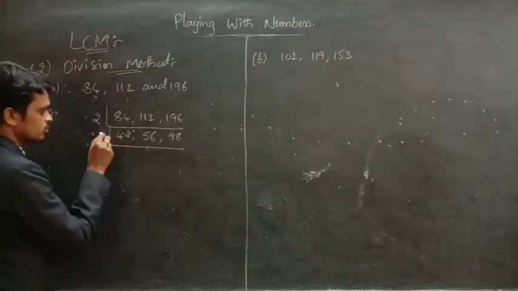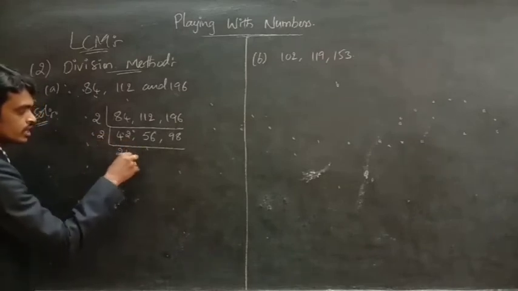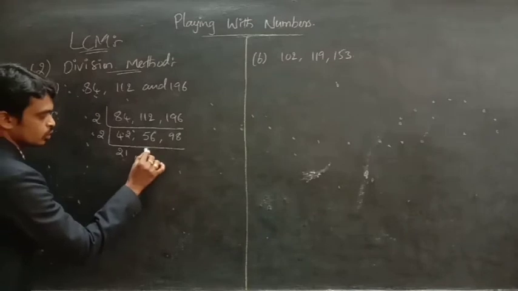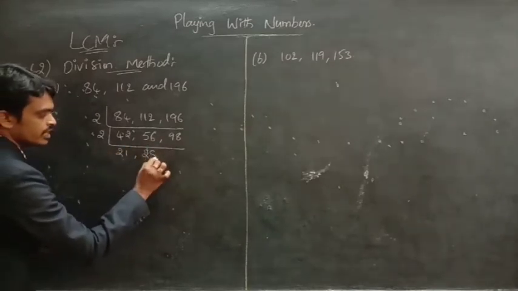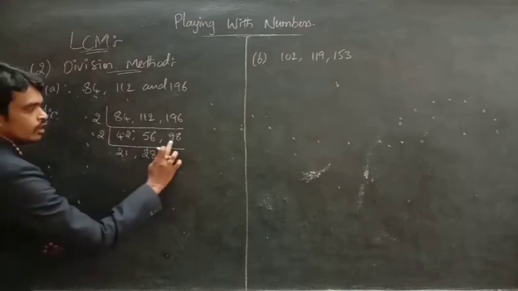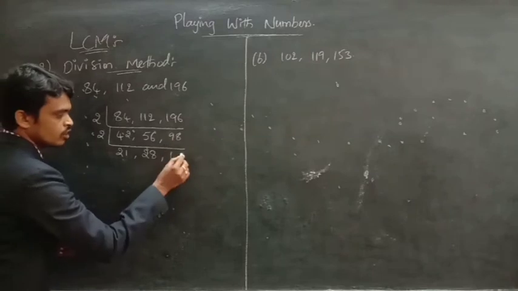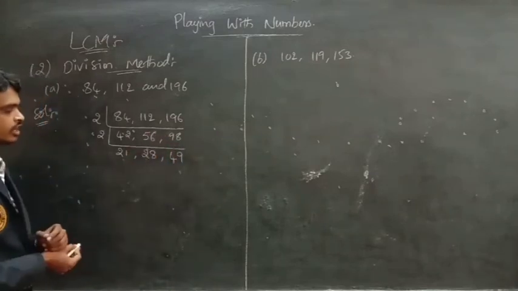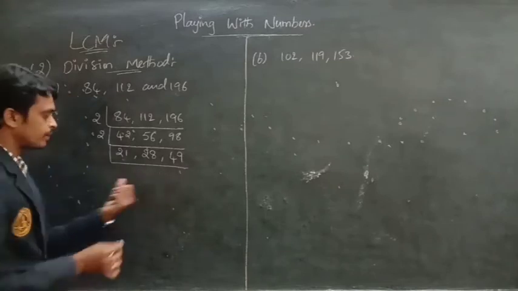Again divide with 2: 2 twos are 4, 2 ones are 2. Next 2 twos are 4, remaining 1, 16, 2 eights are 16, 2 fours are 8, remaining 1, 18, 2 nines are 18. So these three numbers are divisible by 7.